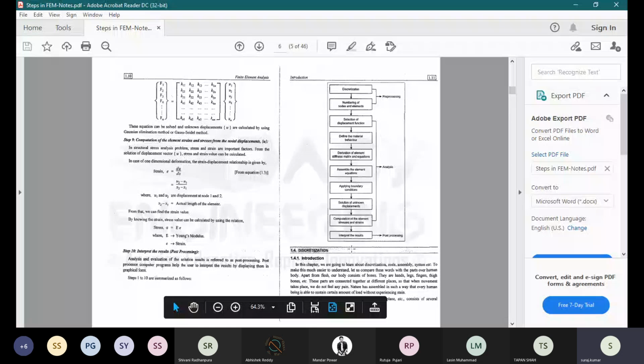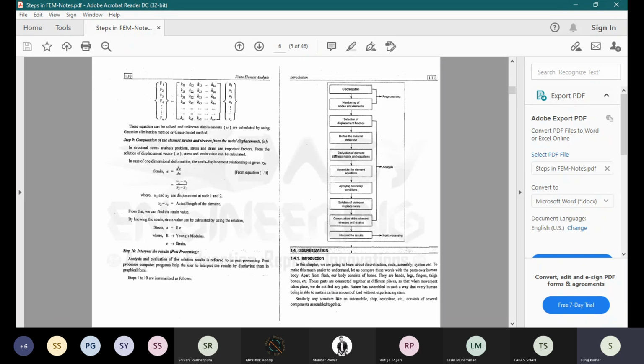Then after you have known the unknowns, it needs interpretation. It means what is the meaning of the output we got, if stress has developed, if any strain has taken place, what is its significance?